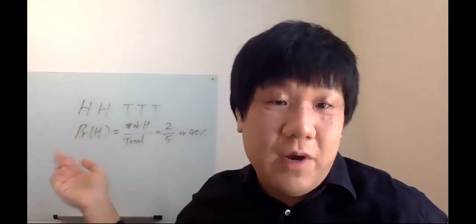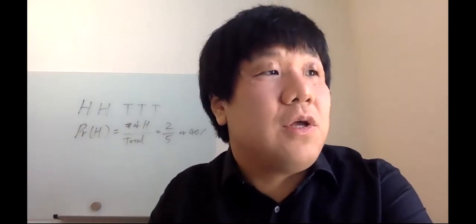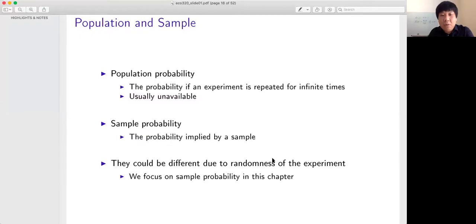That is not the true value, but it is the sample probability. Using the sample I got 40%, but using the population I would get 50%. That is called the population probability, and this is the sample probability, implied by a sample where I flipped 5 times.